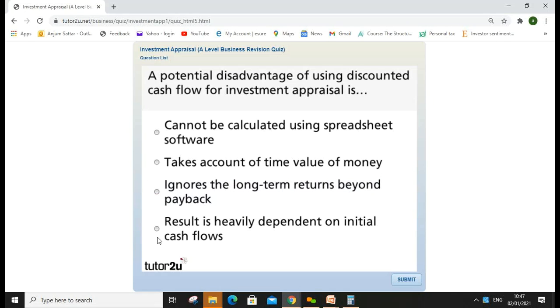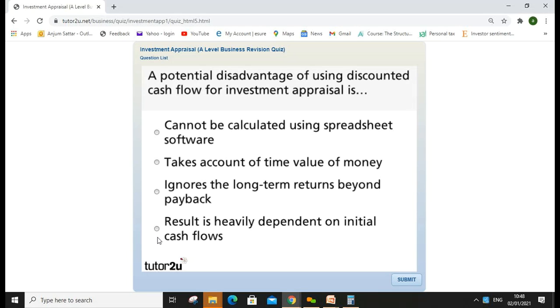Okay, sorry. What about the potential disadvantage of cash flows? Cash flows is where we're looking at inflows and outflows. What are we ignoring here? Cannot be calculated using a spreadsheet, taking account of the time value of money.